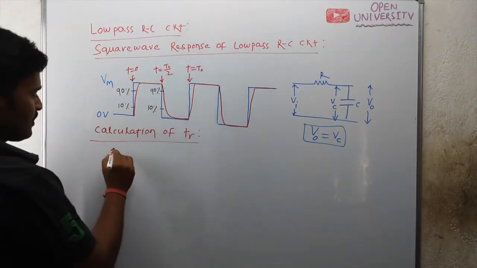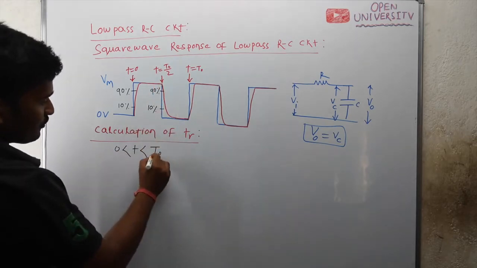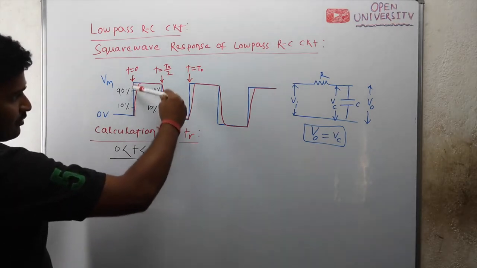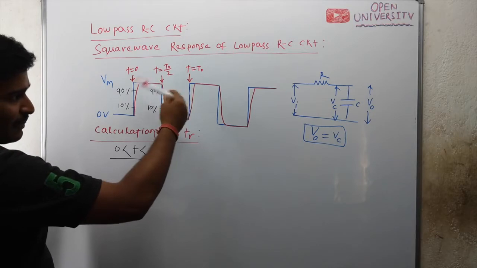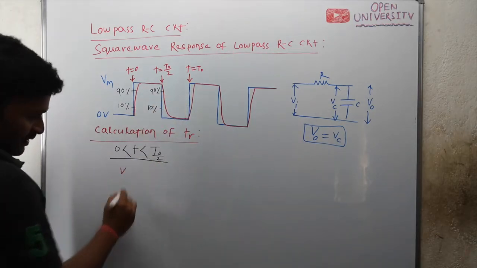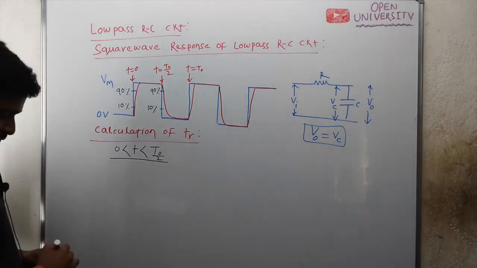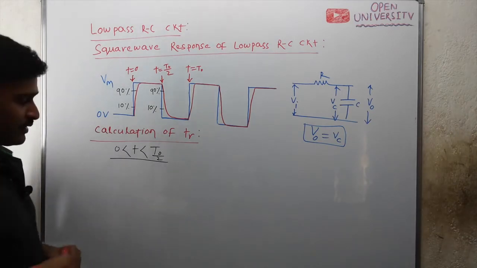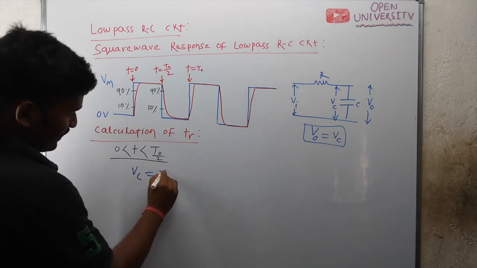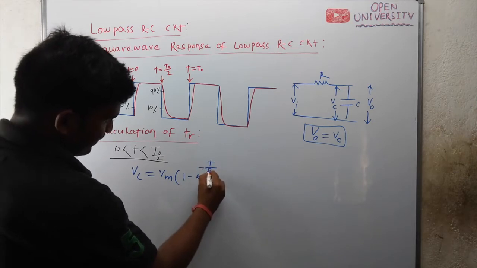Now when t is in between 0 to T naught by 2, in this interval what happens? In this interval the capacitor voltage will increase. The capacitor will charge, and when the capacitor charges, we can represent the voltage across the capacitor as Vc equal to Vm into 1 minus e power minus t by RC.